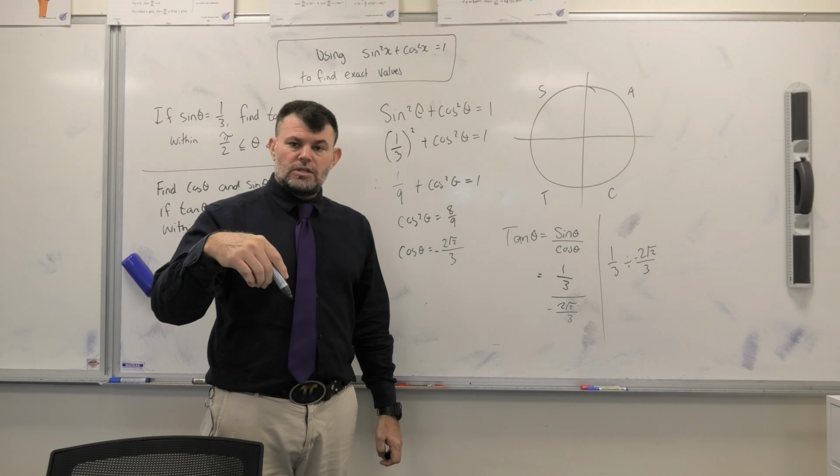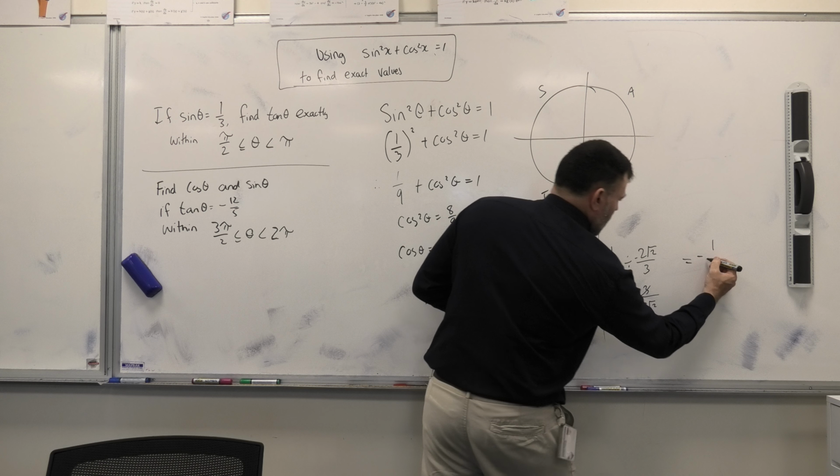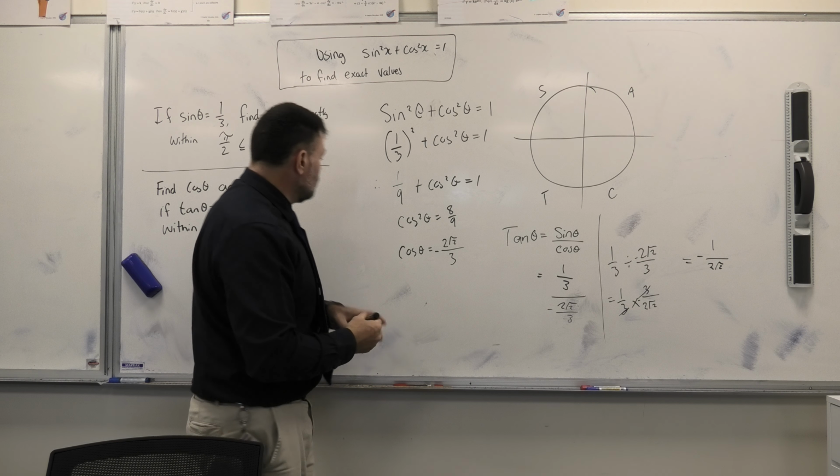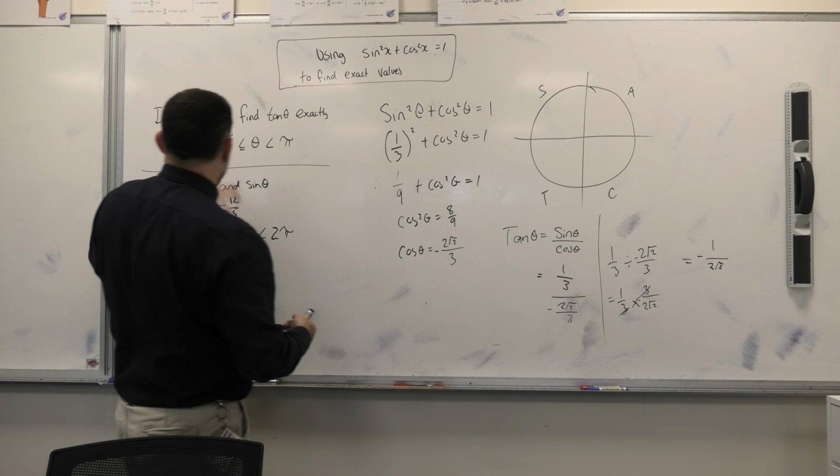Now we've got this, we can cancel things down. The 3s cancel, so we're left with an answer of negative 1 over 2 root 2.